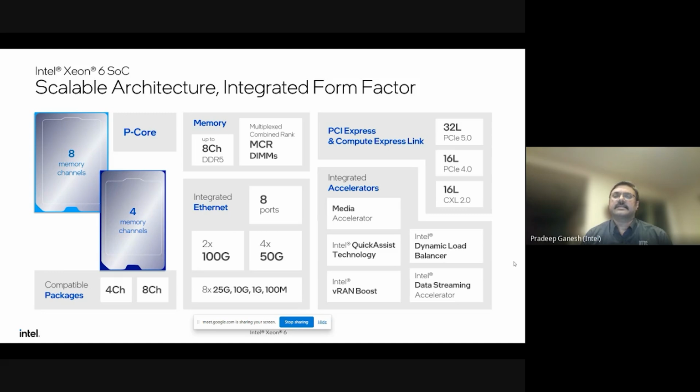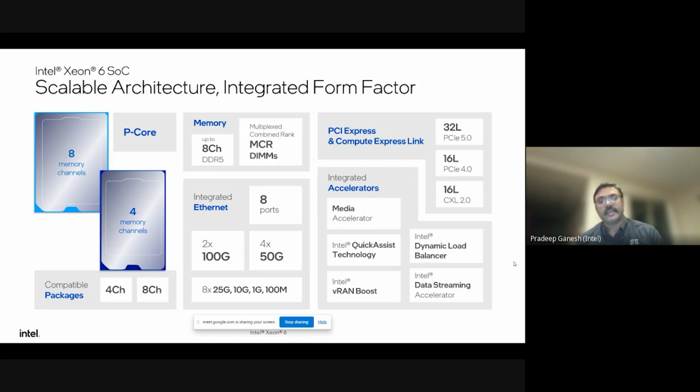It has integrated accelerators which are predominantly used in edge and on-prem to edge server scenarios. It has a media accelerator, so it can do all your transcoding, which is very important for media delivery scenarios. And it provides QuickAssist technology for security and compression.